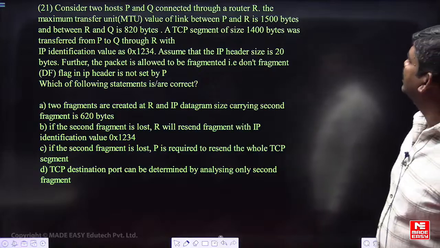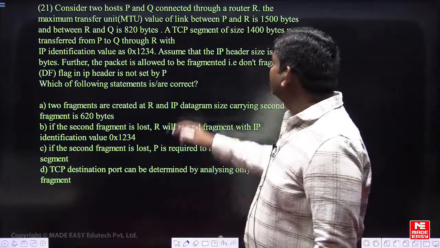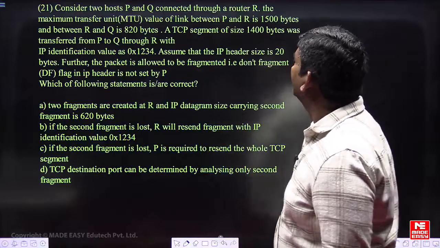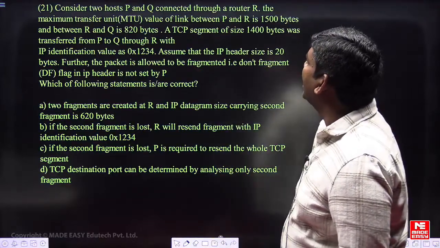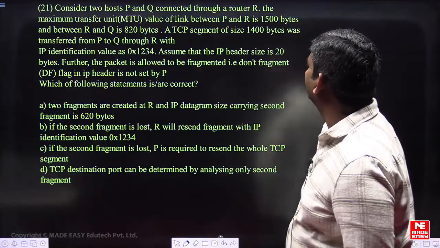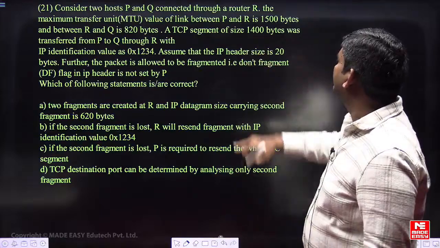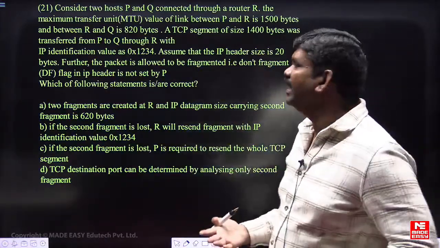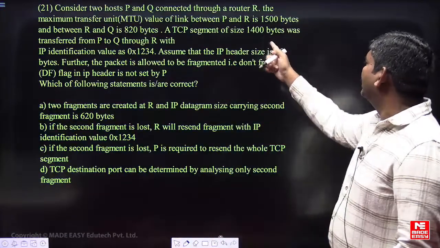If you observe further, the TCP segment of size 1400 bytes was transferred from P to Q through R with some identification number. The segment size is 1400. So the IP protocol is going to add the IP header to the TCP segment, 1400 plus 20.